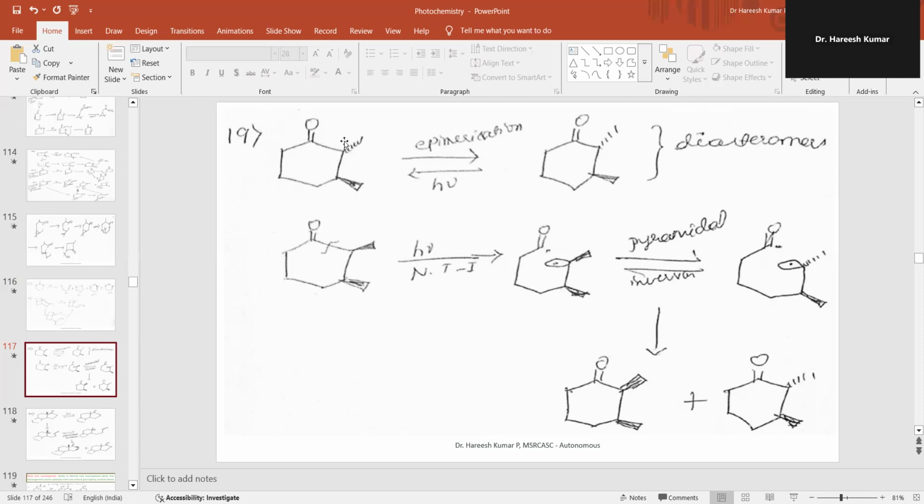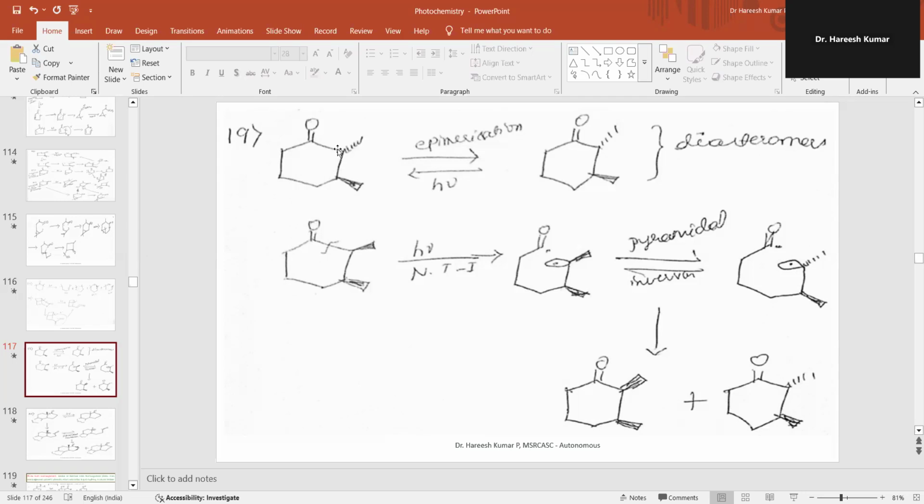Because this is one chiral carbon, this is another chiral carbon. And this on irradiation with light of the lambda max of the carbonyl compound undergoes epimerization. That means this substituent, which is away from the observer, will come towards the observer. That's called epimerization. How does this epimerization occur?